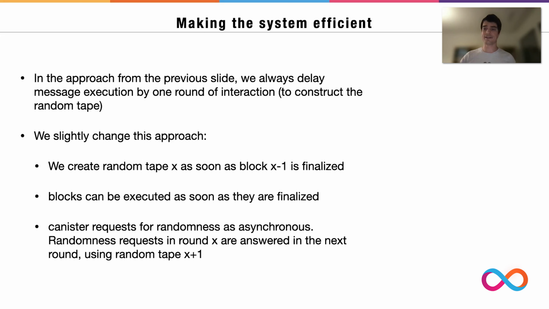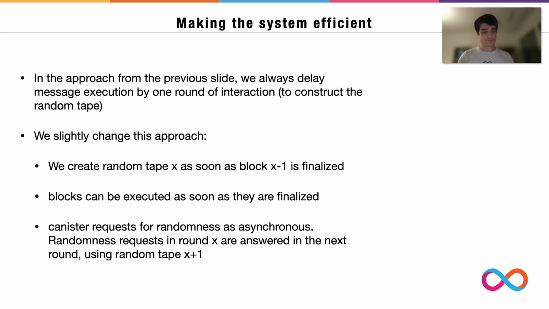And we don't want to delay the execution of all messages just because some messages want to use randomness. So we make a slight tweak to this approach, which is that we actually create the random tape one round earlier. So as soon as the previous block is finalized, we create the next random tape artifact. That means that blocks can be executed as soon as they're finalized, because typically creating random tape should be faster than agreeing on a block.